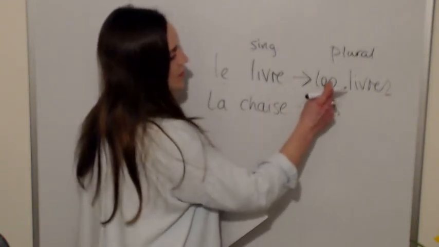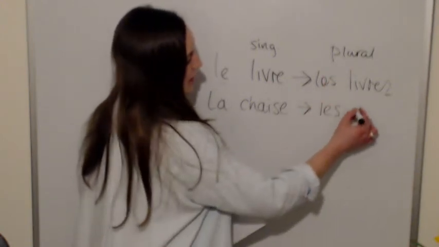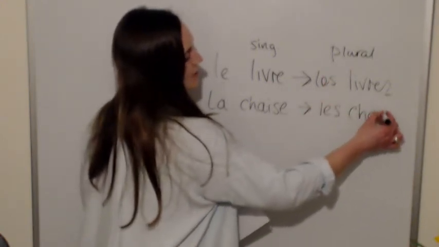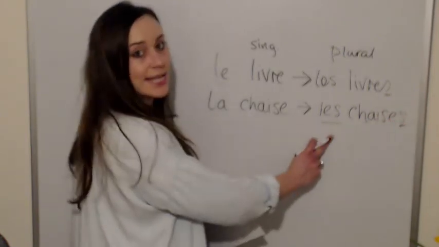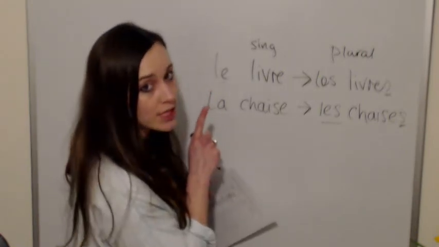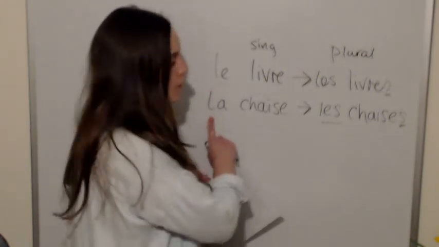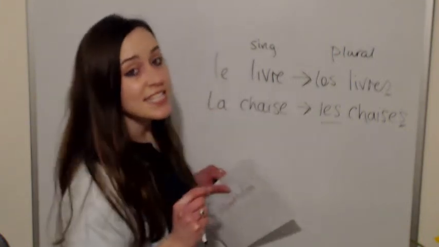It's easier maybe if I don't link these together. I'll just do it unlinked. Les chaises. So we put an S on the end there, and also la changes to les. So le and la, masculine or feminine, the, both become les in the plural, which makes it easier, doesn't it?